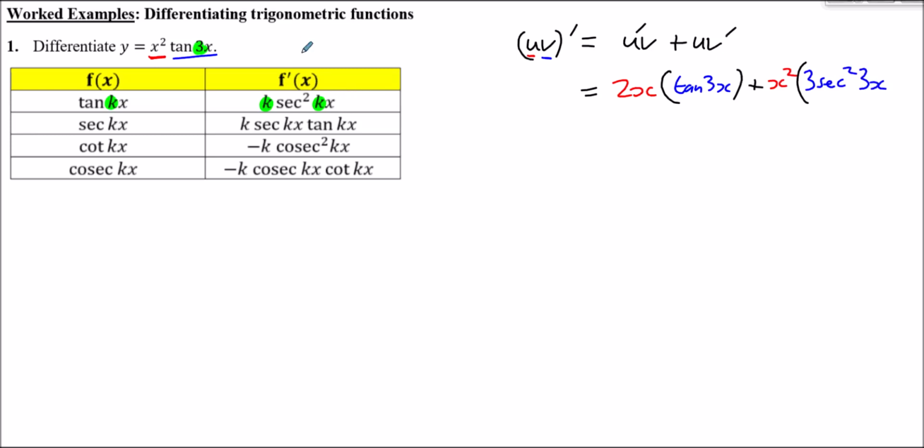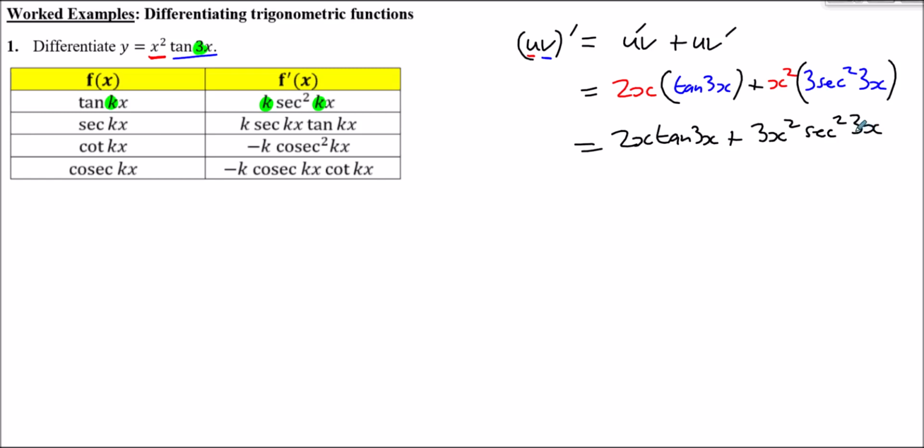We can now ever so slightly neaten this up. So what I'm going to suggest we do here is just expand it out. So what we're going to have is 2x tan 3x plus 3x squared sec squared 3x. And that's absolutely fine.